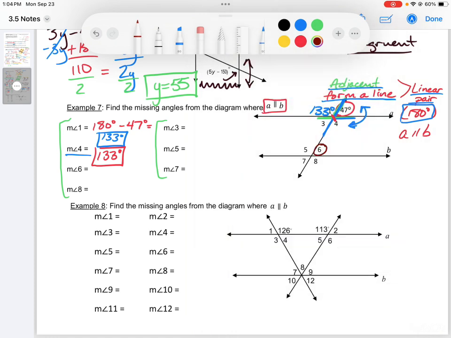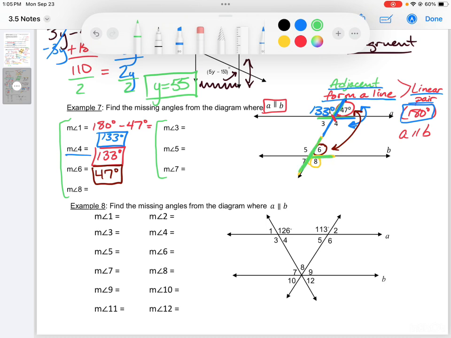Angle 6 down here. If you look at angle 6, they're on the same side in the same position, which means they're corresponding. Corresponding angles are congruent. Angle 8 is down here. Well, angle 8 forms a linear pair with angle 6.